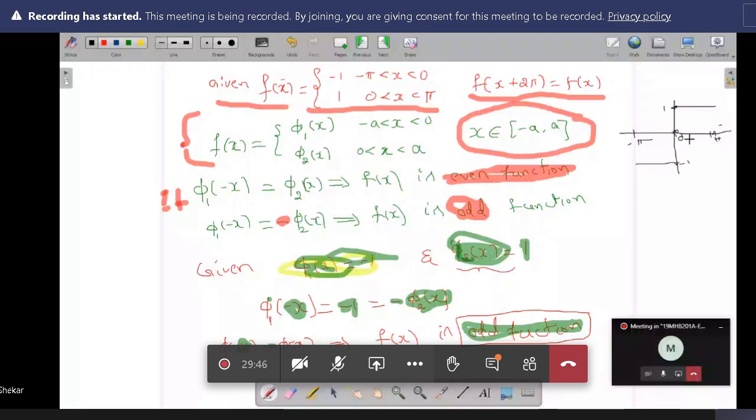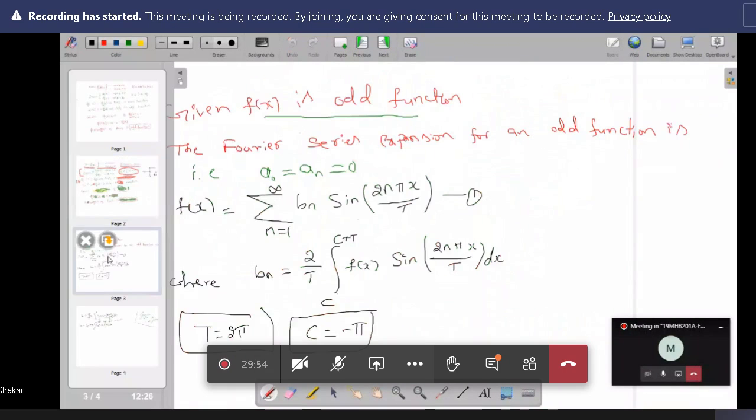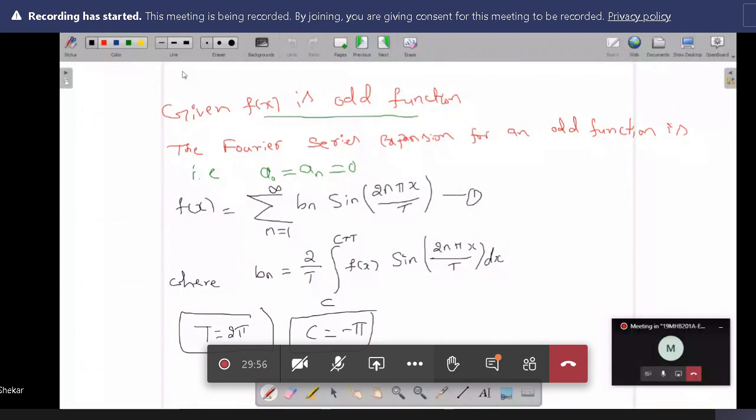Now, since we need to find a Fourier series expansion, the definition of the Fourier series for an odd function is that it contains only sine terms. That means a0 and an are zeros.